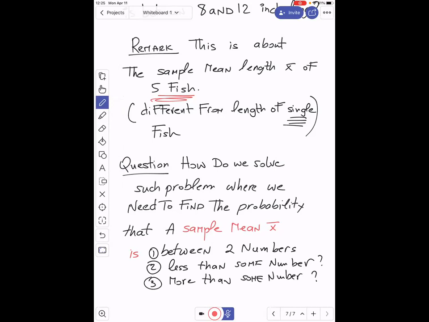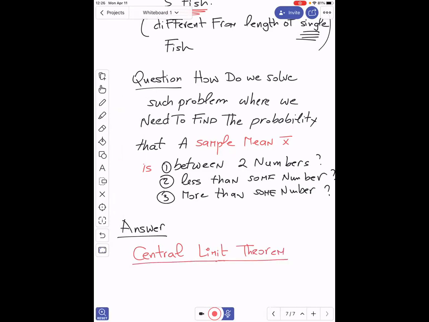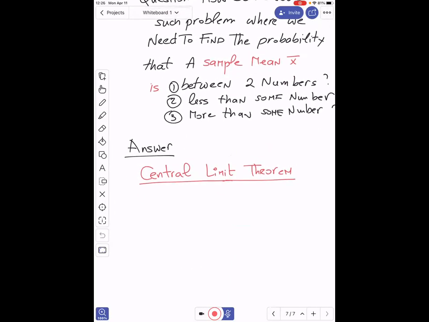Well, the answer to this question is the central limit theorem. What does it say? Actually, there are two versions of this theorem.